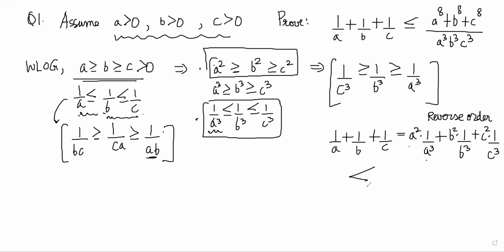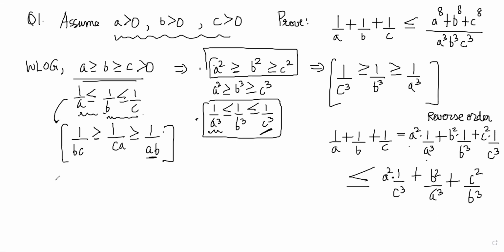So that should be less than or equal to the same order sum, right? That should be less than or equal to A², which is the largest, multiplied by 1/C³, which is the largest here, plus B²/A³ plus C²/B³, right?